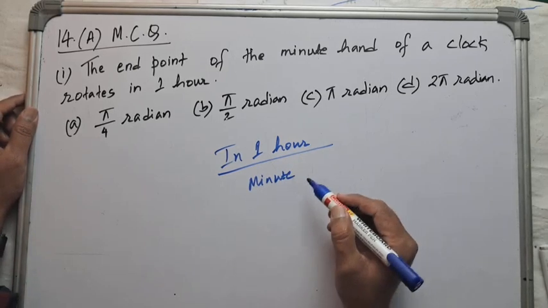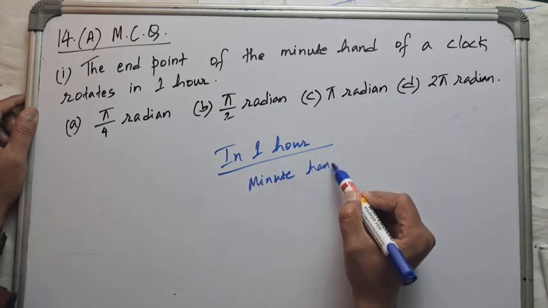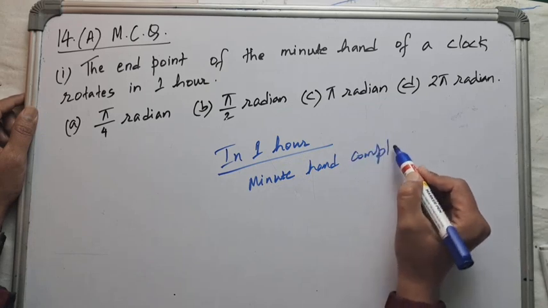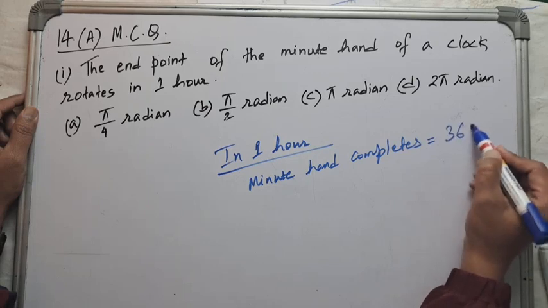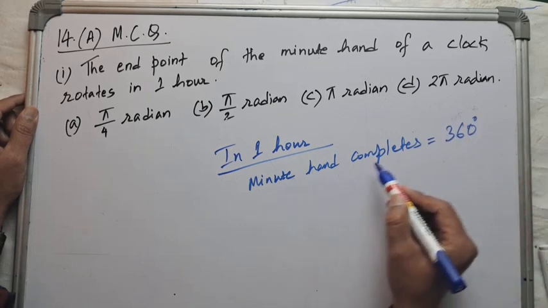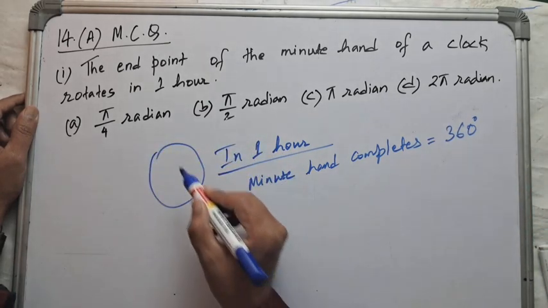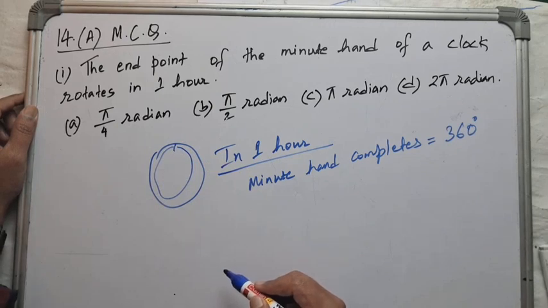I'm just trying to make you understand, okay? In 1 hour, minute hand completes one complete rotation, which means 360 degree, okay? One complete rotation means 360 degree. It starts from 12 and comes back to 12, 360 degrees, isn't it?